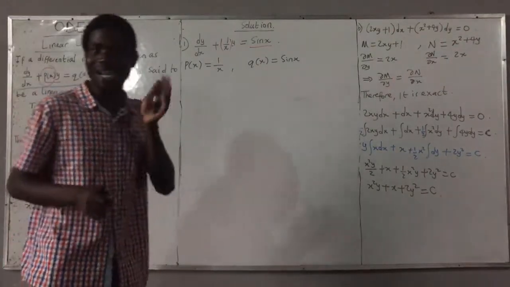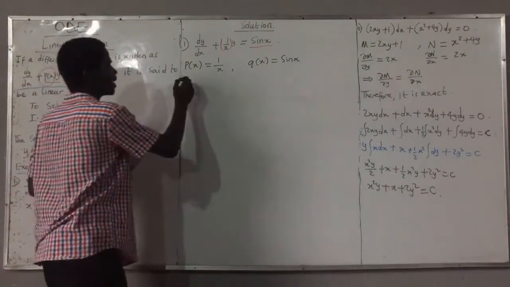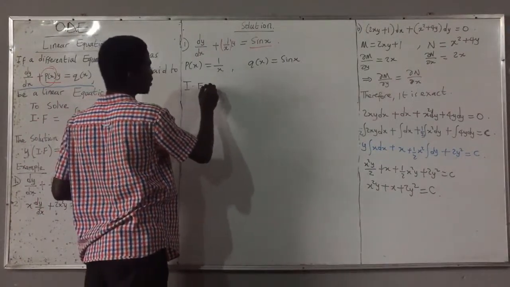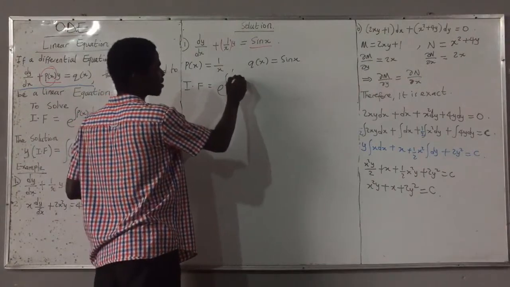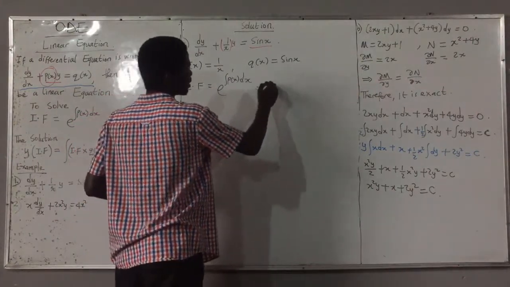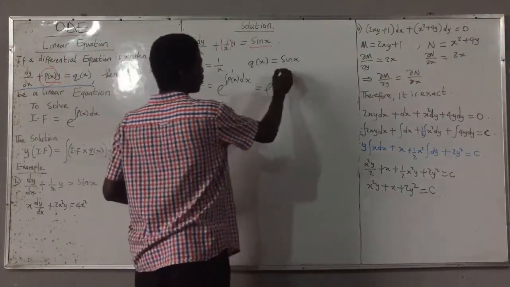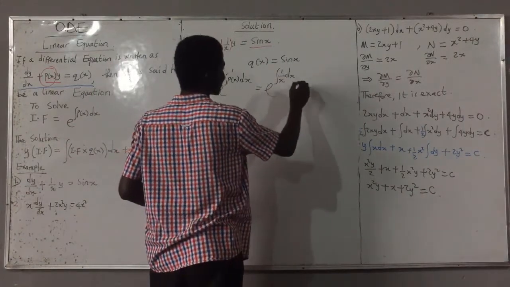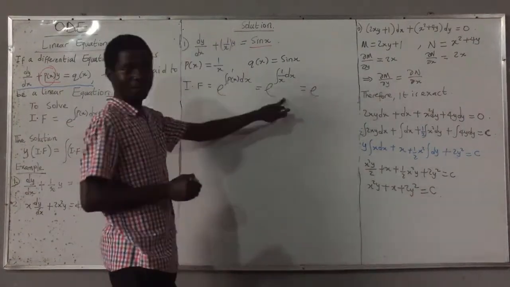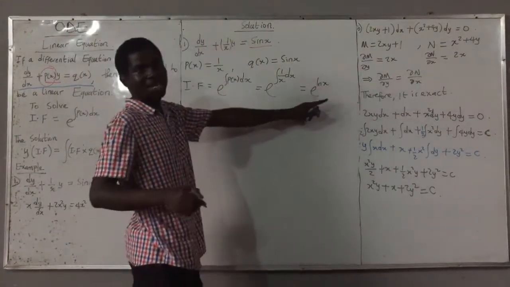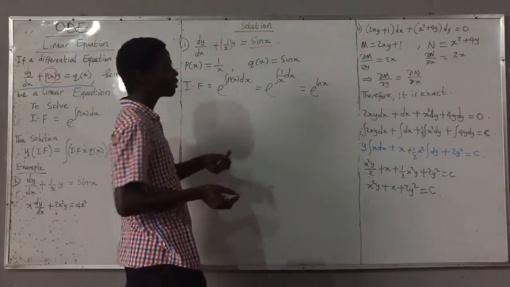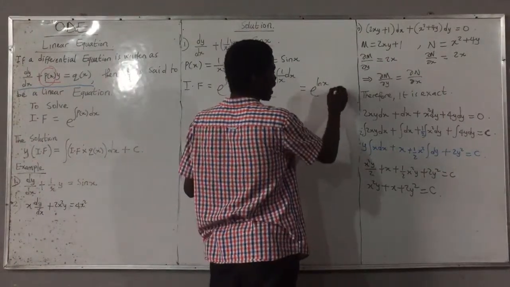So what is the next thing to do? Solve. Find the integrating factor. The integrating factor will be equal to e raised to the power integral of p of x dx, that is e raised to the power integral of 1 over x dx. If we integrate 1 over x, the answer is ln x. And whenever you have e raised to the power ln, the answer is what is in front of that ln.